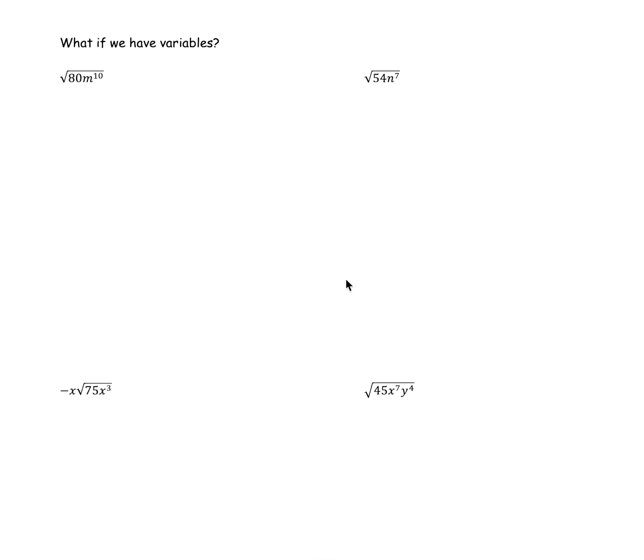So what I mean by that is I'm going to simplify this to radical 80 times radical m to the 10th. After we split up each term under a radical, the last step, and this is going to involve more than one step, is we're going to want to completely simplify each radical.